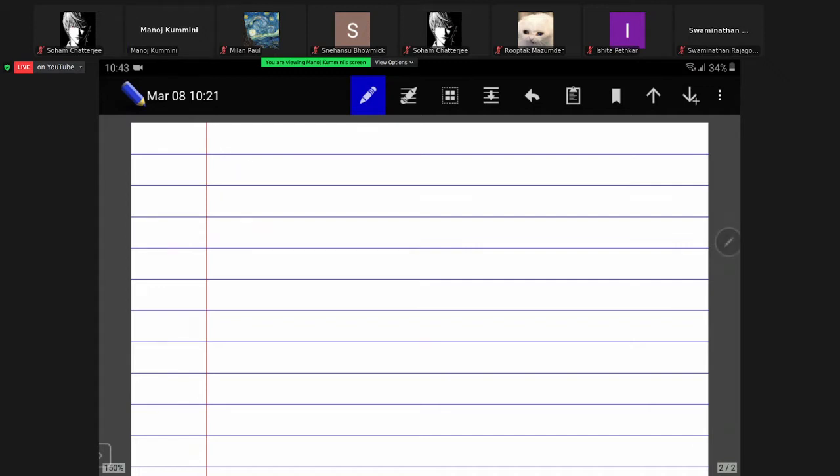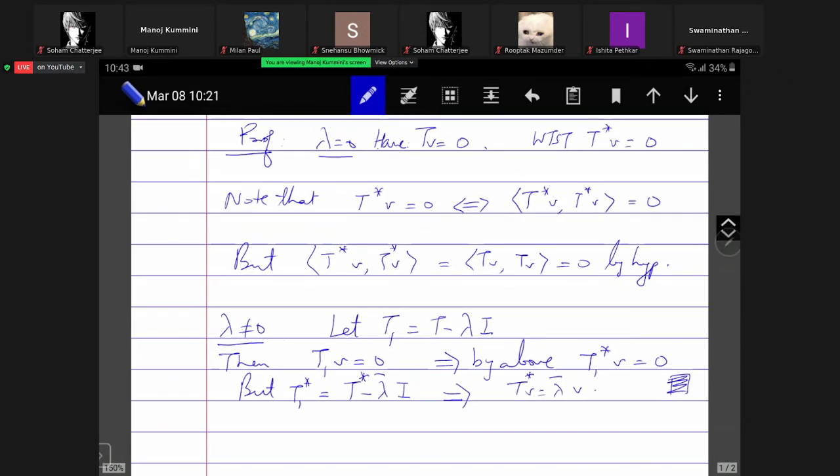Sir, in this proof, if we did not consider separately the case of lambda equal to 0 or not equal to 0, and just applied the second logic that we did, then what would have been the problem exactly? I mean, if we just consider lambda to be an eigenvalue, irrespective of whether it is 0 or not, and then we consider the map T minus lambda I, then... Correct, but then you just get T1 star equals T star, right?